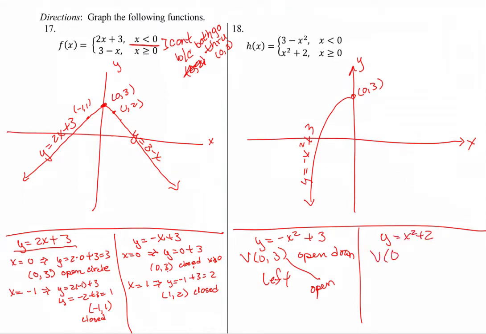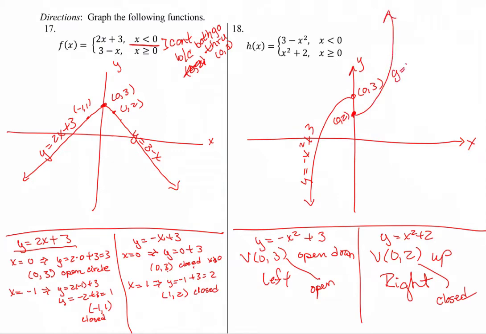and that is a vertex of (0, 2), and it opens up, and it's on the right. And so I go to (0, 2), and I have a closed circle, and this is y equals x squared plus 2, and that's my graph.